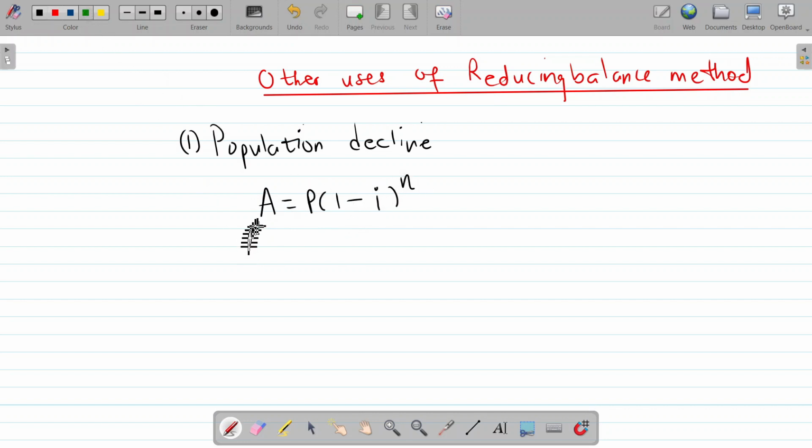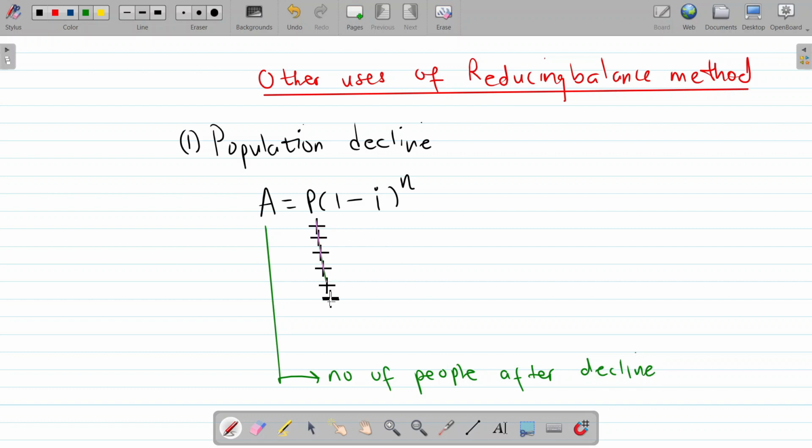So in this case, A is the number of people after decline, meaning after they go down in number. And then P is the initial number of people before decline occurs. And then I is your rate of decline.